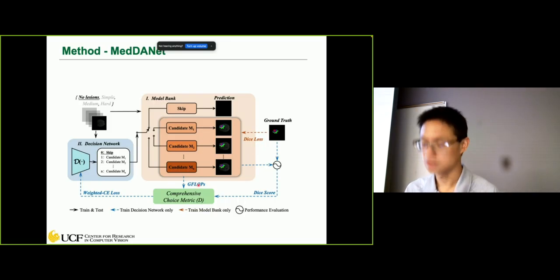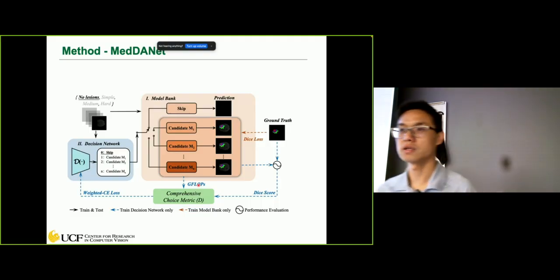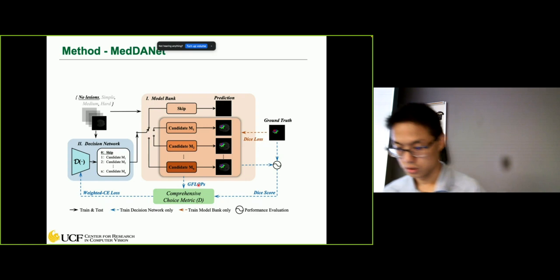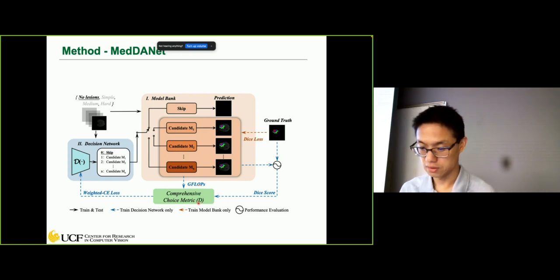And you also have computation, because right now we are considering the accuracy and computation trade-off. So you also want computation as another objective function in the optimization. You have the Dice loss, and you also have the GFLOPs as your computation objective, and you use them jointly as your training objective.